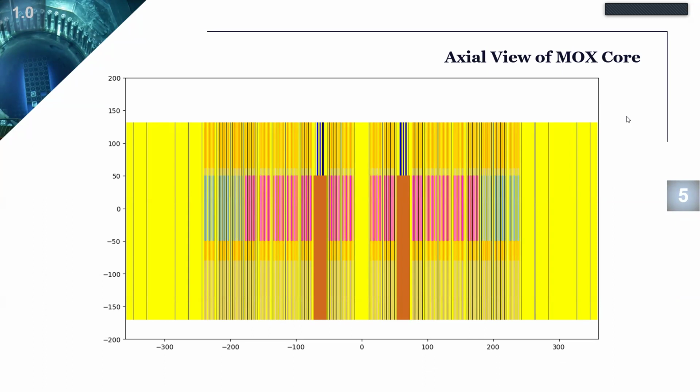And between the inner fuel zone and the outer fuel zone, in the axial view, you can see these brown subassemblies. This is a subassembly constituting what you call the CPS system, the control and protection system, known as the control shutdown device, and also the diverse shutdown devices.